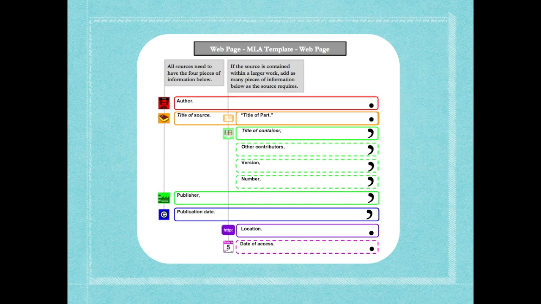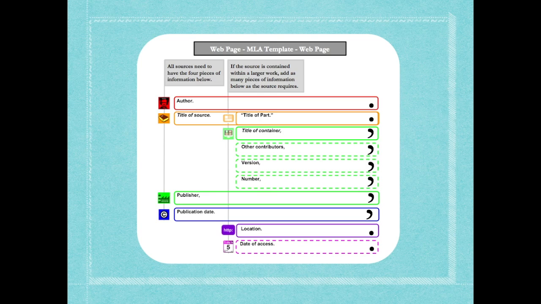All right, so now you can see we have the first 4 pieces of information, but now we need some details. So instead of a title of source in italics, which would be what you would do for a book, you're going to split it up, and you're going to have the title of the part in quotes, and that in this case is the name of the web page, title of the container, the website, more important piece, that is going to be the thing in italics.